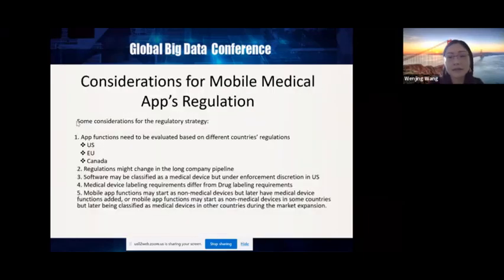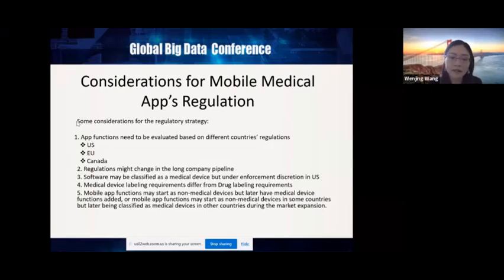Here are some of the considerations for mobile medical app regulations. When a company creates the app functions, they have to consider where they want to market their application. If they want to market in the US or in the EU or Canada or UK or some other countries. And then the regulations may change if the company has a very long pipeline.